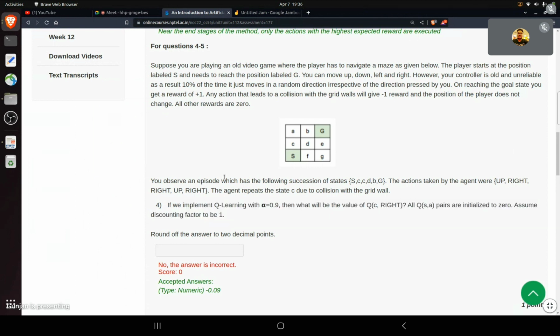Okay. So here, if you see, Q(C, right) happens twice, right?